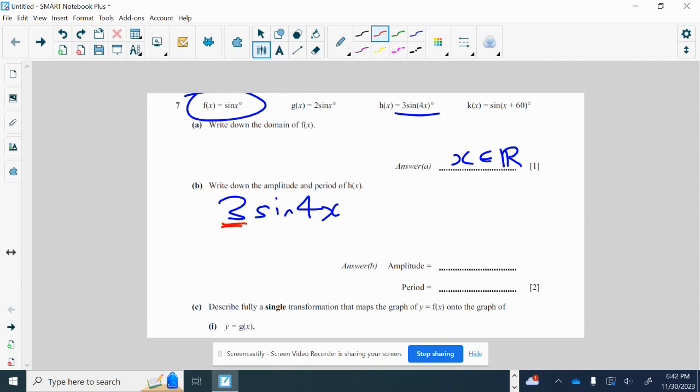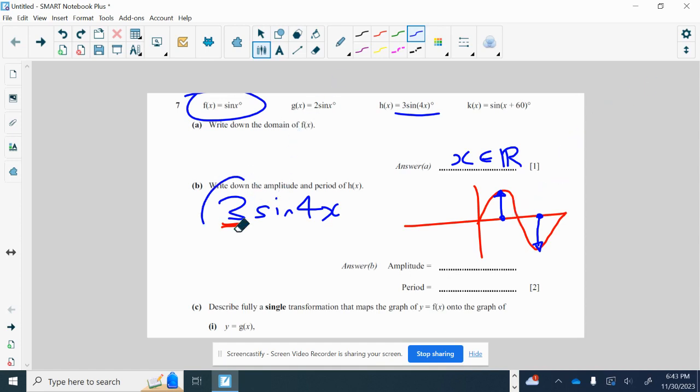Now, sometimes that value is negative, and the amplitude can't be negative, because I hope you recall the amplitude for a sinusoidal graph is measured from the midline, or the principal axis, to the maximum or the minimum. Because they're symmetrical, those distances are going to be the same. So that's the amplitude, and that's a distance, and that's always positive.